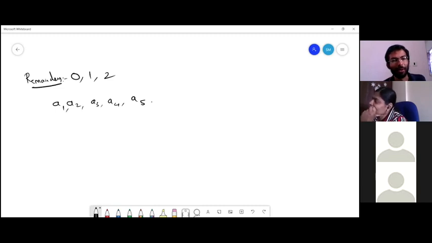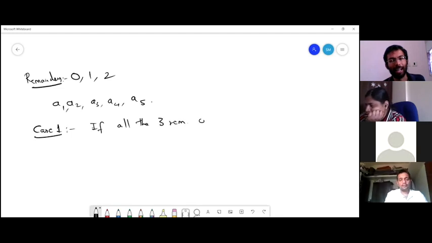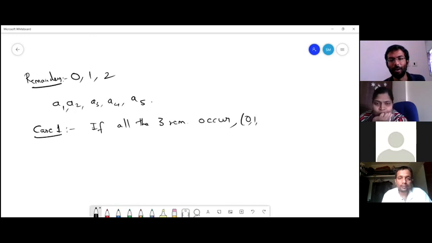So how it goes is, case 1: if all the 3 remainders occur, that is, we have 0, 1, 2 in this list A1 to A5, then what can we say?